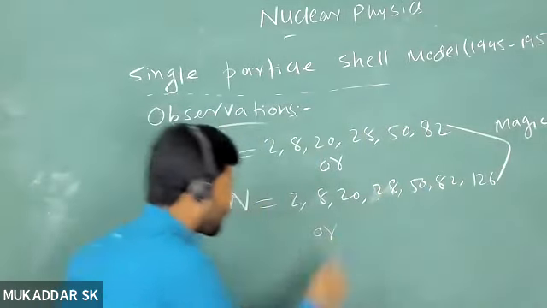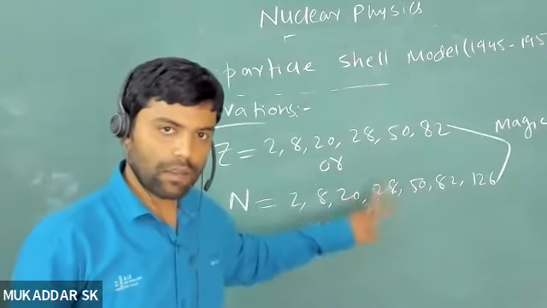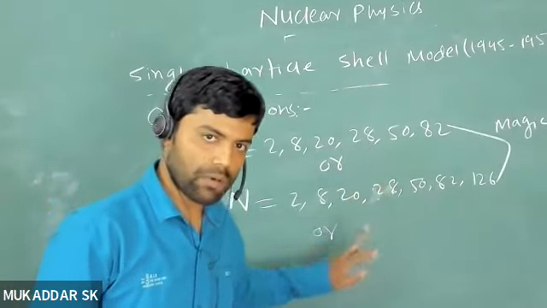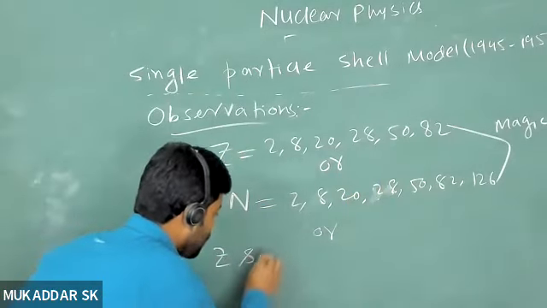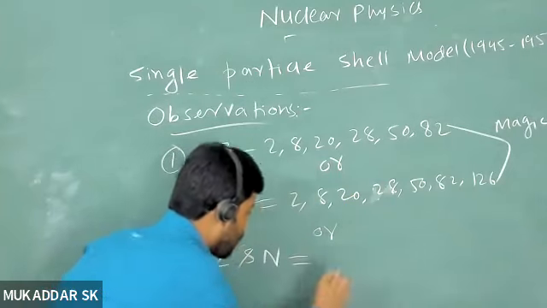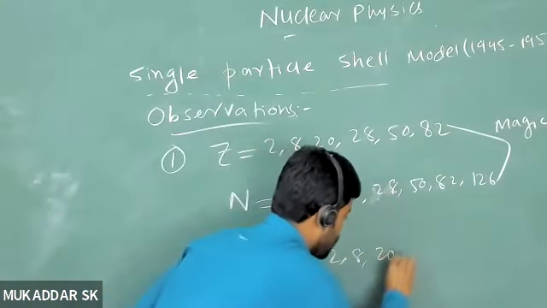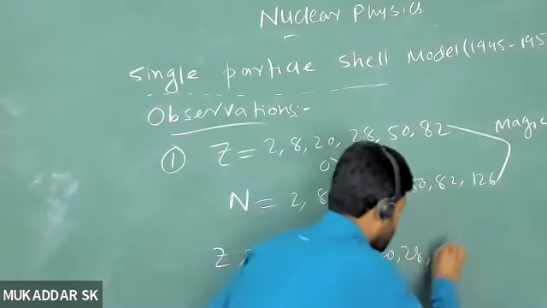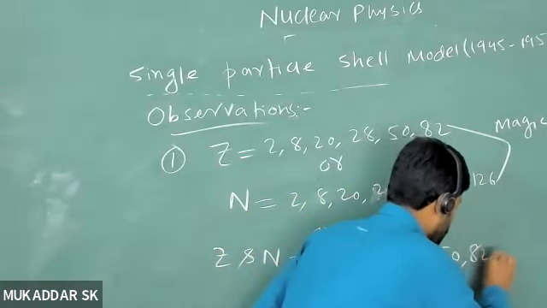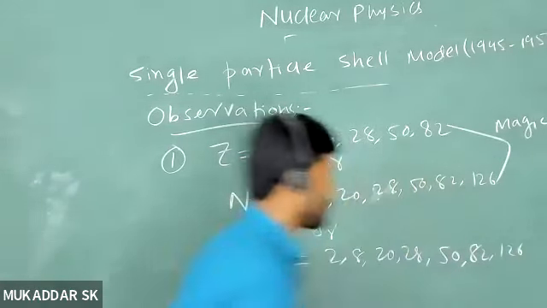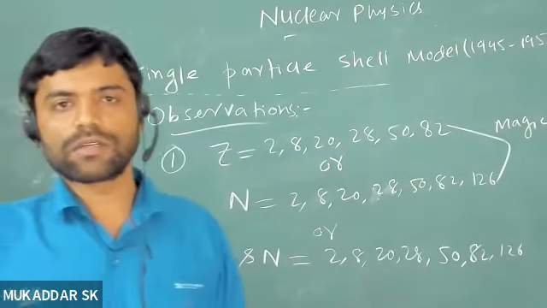Also, if any nuclei contain proton and neutron number like 2, 8, 20, 28, 50, 82 or 126, they are also found to be most stable.